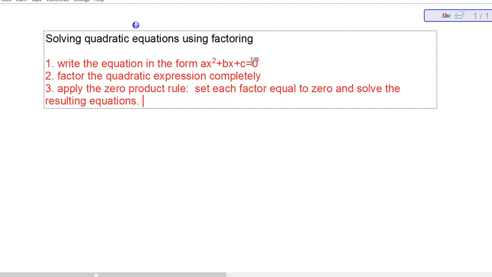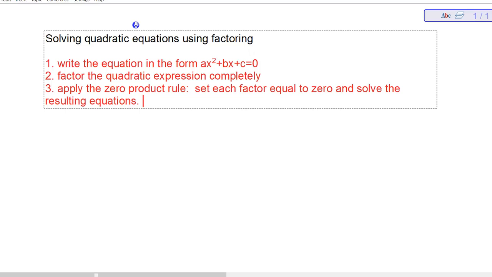So what the zero product rule means is if I have two things multiplied together and their product equals 0, one or the other one must equal 0.